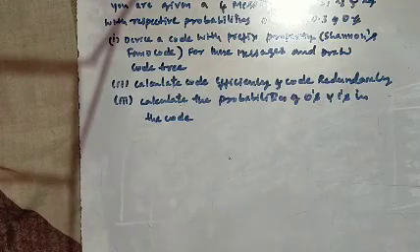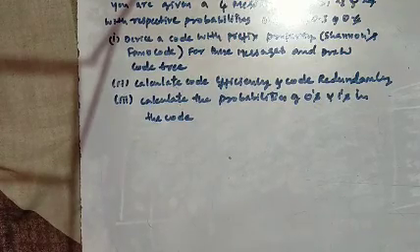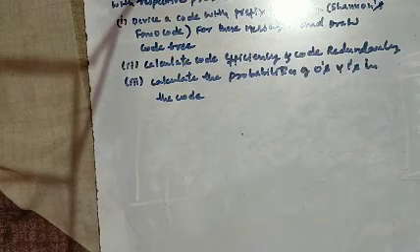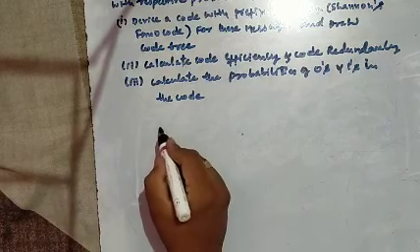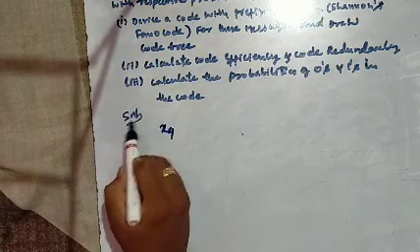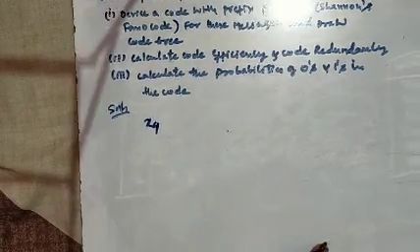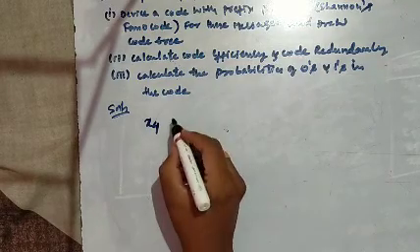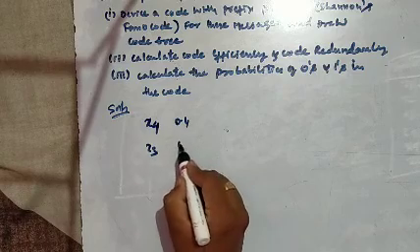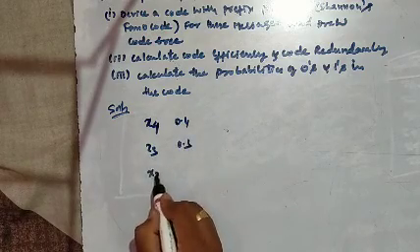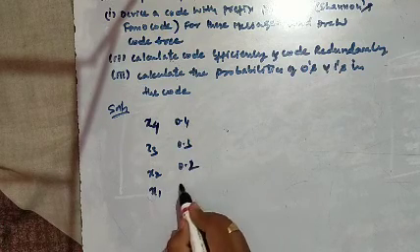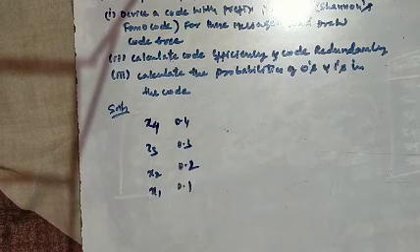As per the Shannon-Fano encoding algorithm, the symbols should be arranged in non-increasing order of probability. So x4 comes first with probability 0.4, then x3 with 0.3, x2 with 0.2, and x1 with 0.1.